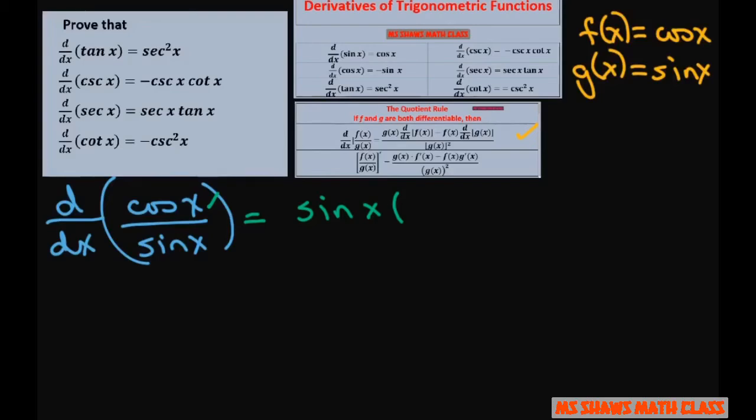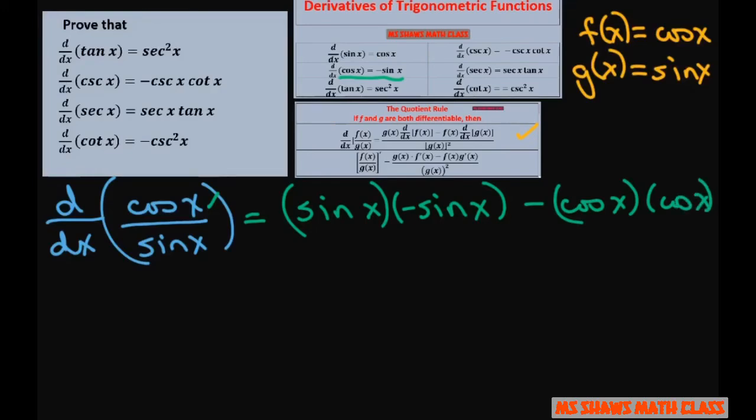So the derivative of cosine of x is negative sine of x. All right, and then minus your f of x, which is cosine of x, times the derivative of sine of x, which is cosine of x, all divided by your g of x squared, which is sine squared of x. You've got to square the denominator.